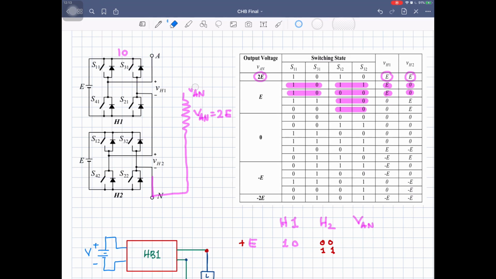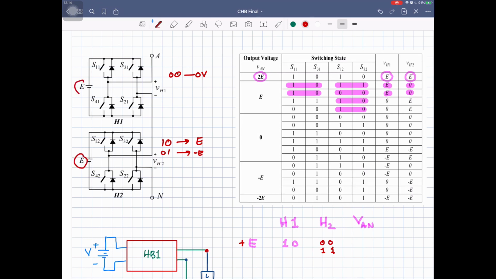I am just going to remove this one and then we discuss. Okay, so if you apply 1 0 over here, this inverter will give you E volt, and if you apply 0 0 over here, 0 volt at the output, the sum will be equal to E, because 1 0 gives you plus E and 0 1 will give you minus E, because the supply voltage is E over here, right.